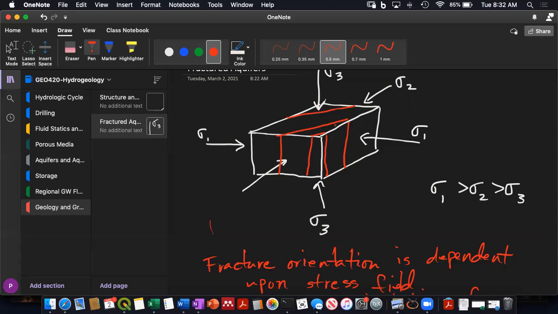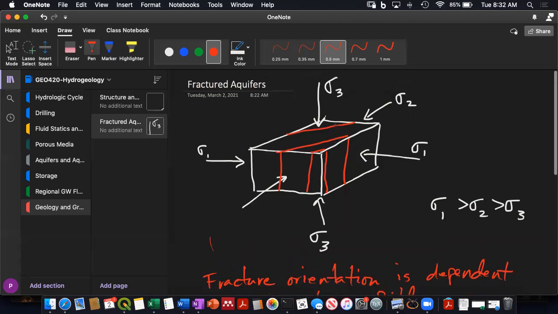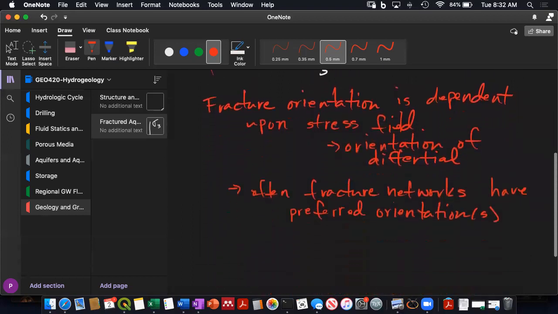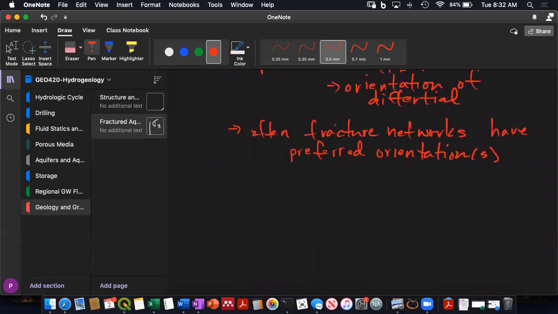And one of the principal ways we do that is say, well, let's assume that we have parallel fracture sets, because there's easy things we can do to calculate things like fracture porosity. So often we might assume a parallel fracture set, or we go out in the field and map preferred orientation.